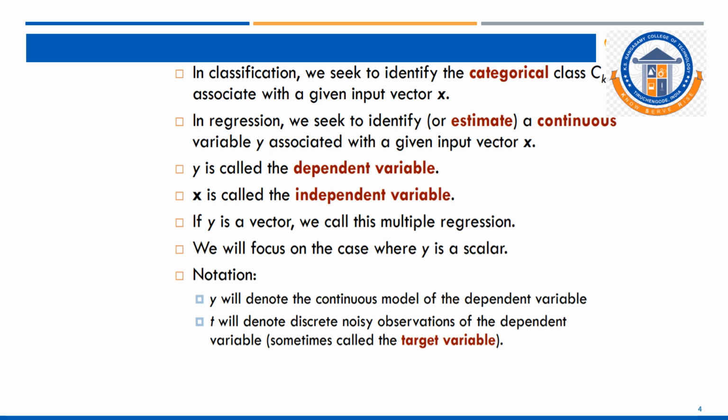As stated earlier, it gives a relationship between the dependent variable and the independent variable. We take the dependent variable as y and the independent variable as x. If your output vector has multiple dependent variables, then the regression is called multiple regression.